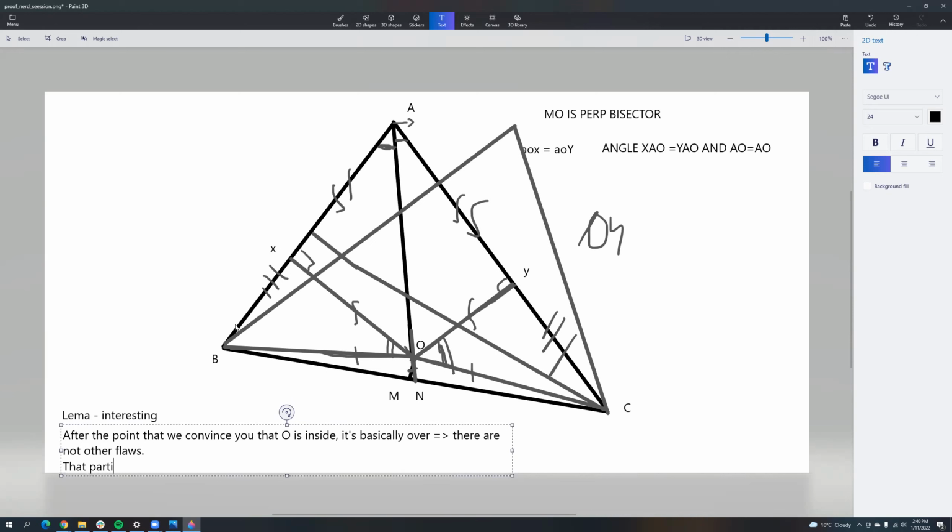That particular intersection happens inside if and only if AB equals AC. That's basically it. If it's not, then it's outside. And yes, you did get the right answer. I was just trying to prolong it to make you doubt yourselves. It's basically the whole intersection is the whole line itself.